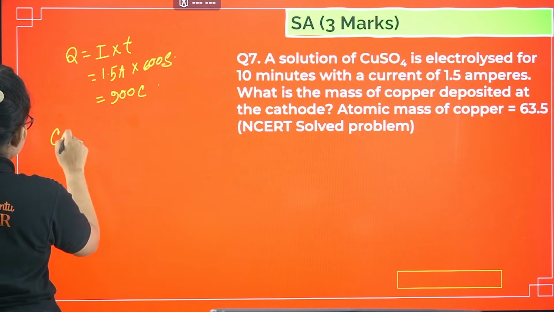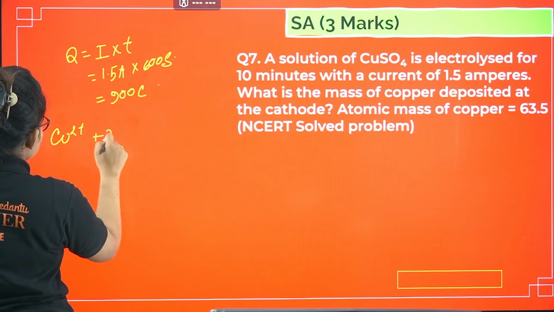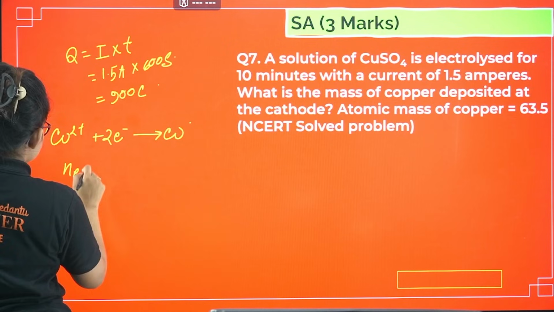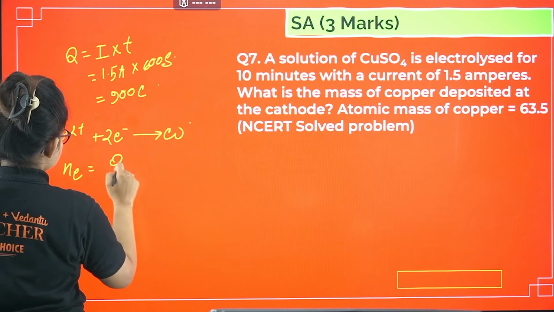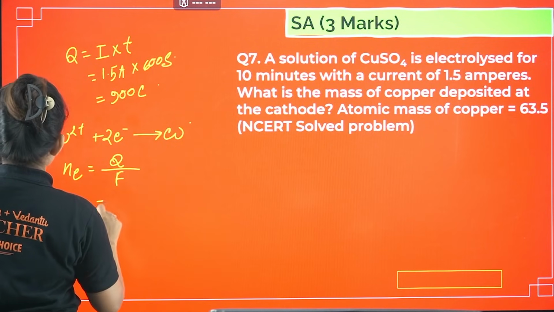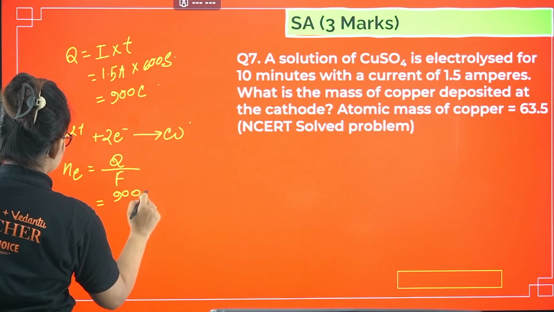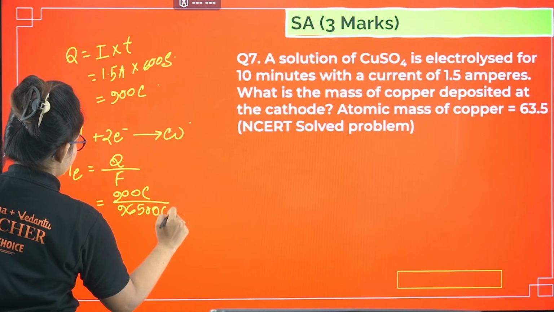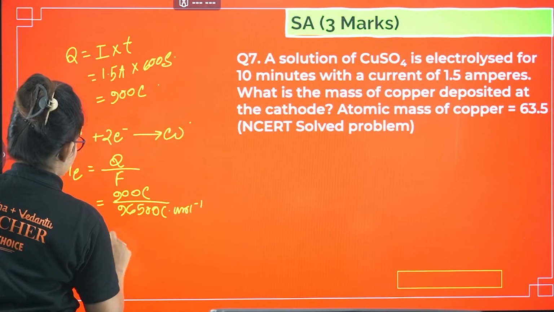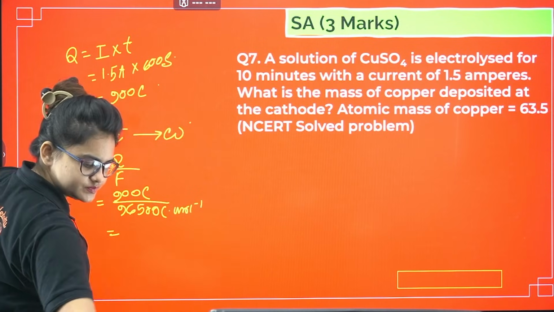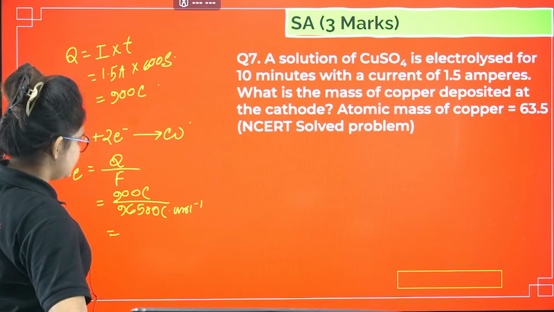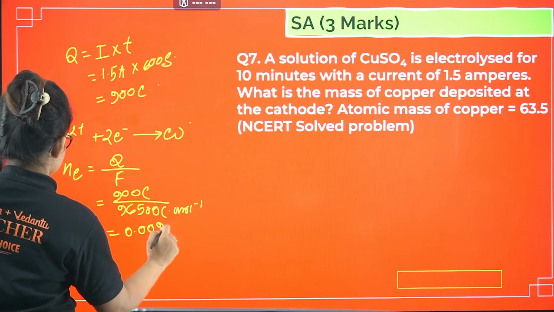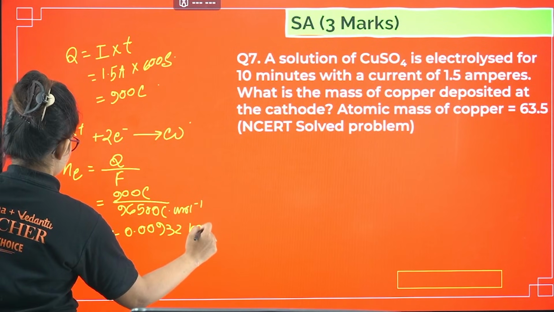Now Cu2+ will take 2 electrons and it will be converted to Cu. So number of moles of electrons, if I want to find out, that is charge divided by Faraday. So 900 coulomb divided by 96500 coulomb per mole. From here I will get 0.00932 mole.